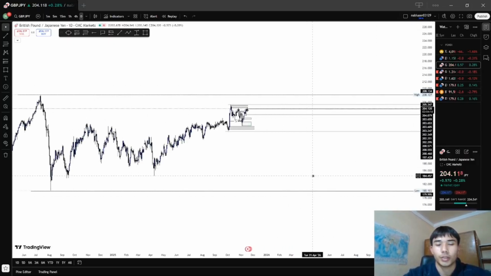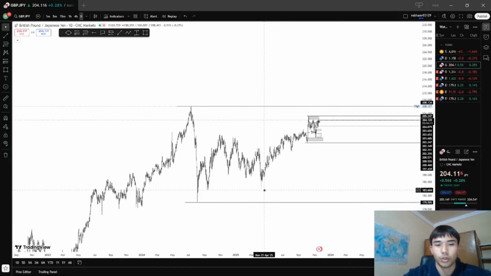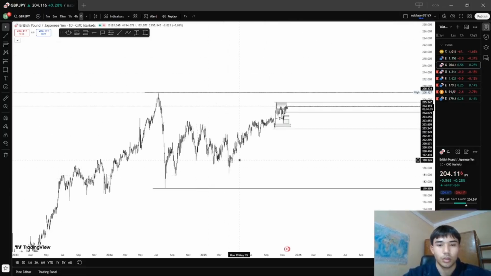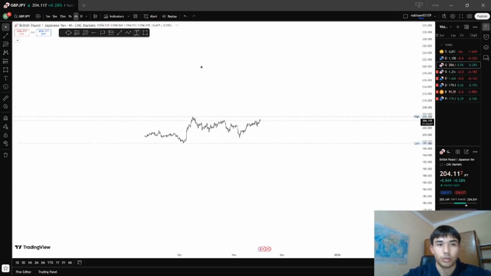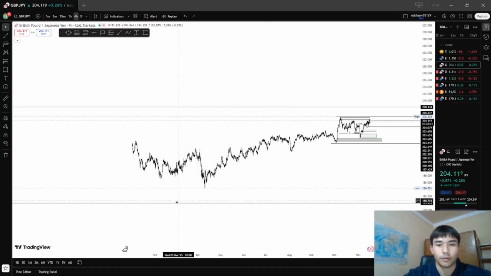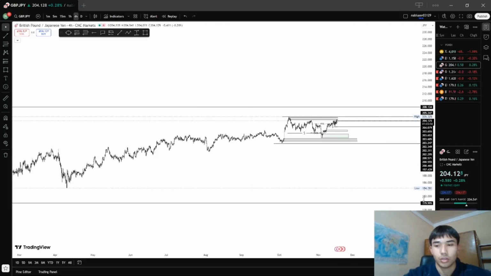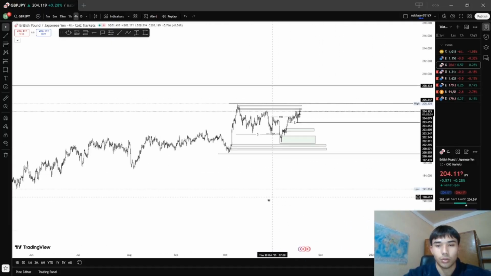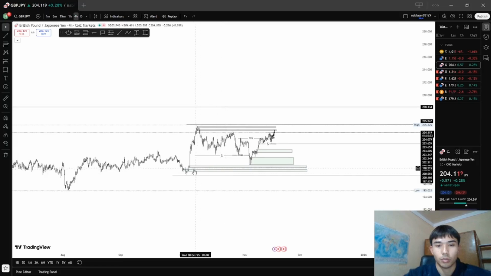So it showed us a really strong bullish momentum structure, and we have really great, really strong bullish structure. So yep, bullish, bullish, bullish, bullish.